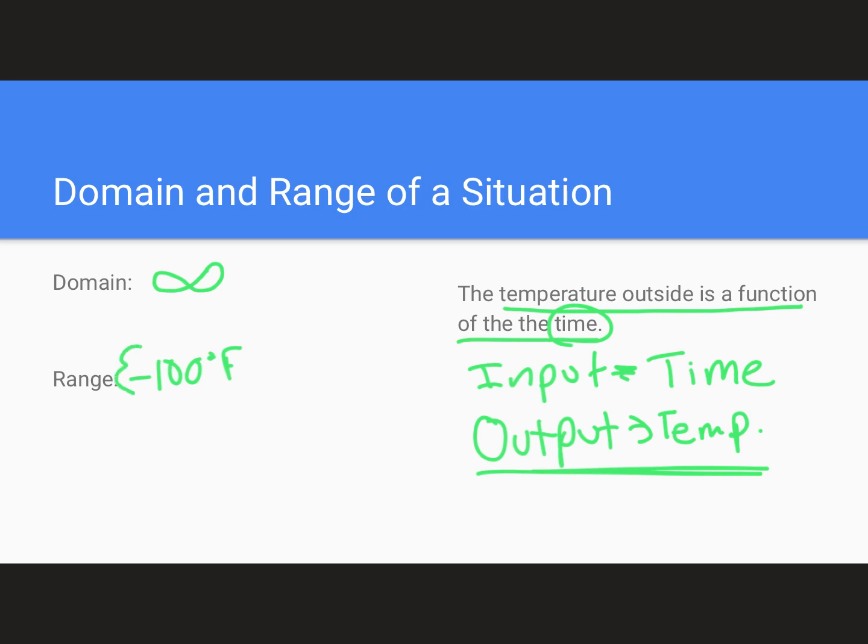And then again to our maximum of, let's see, y is greater than negative 100, which is less than, let's say, 150 degrees Fahrenheit. So we have a range here.